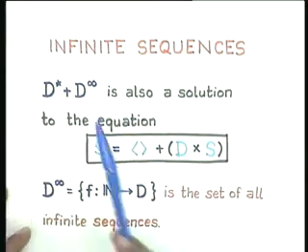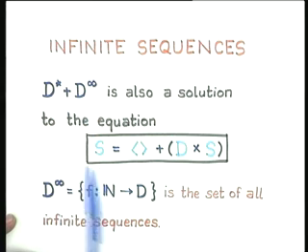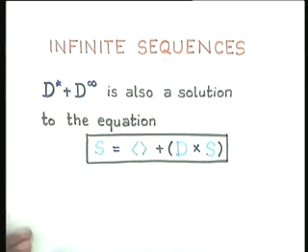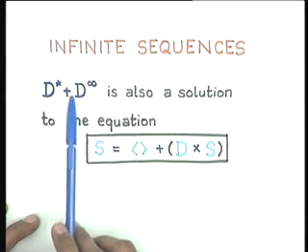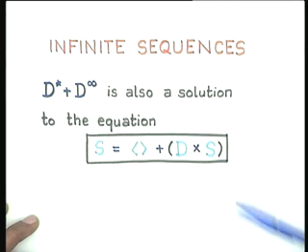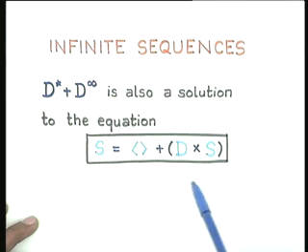So, if you consider D star plus D infinity, where D infinity is the collection of all infinite sequences, then this D star plus D infinity is also a solution to this equation, and in fact, this is the largest solution to this equation.